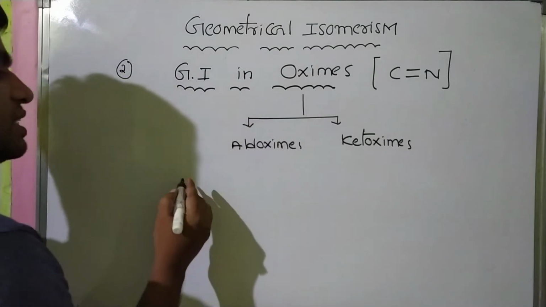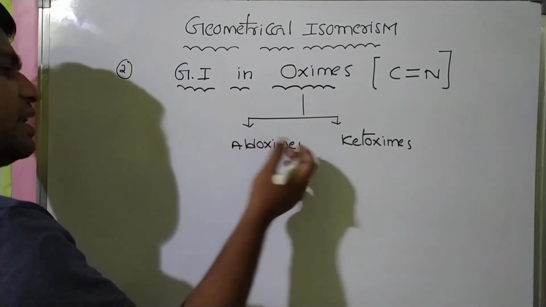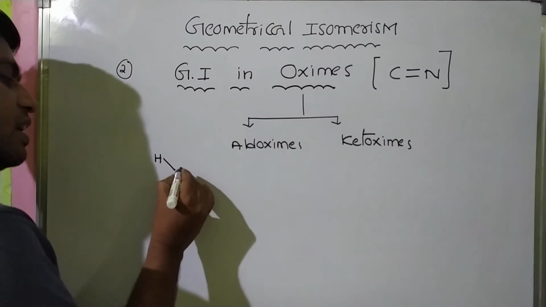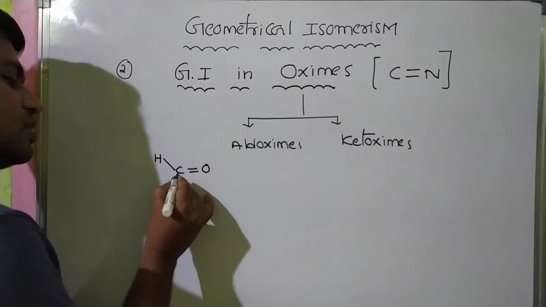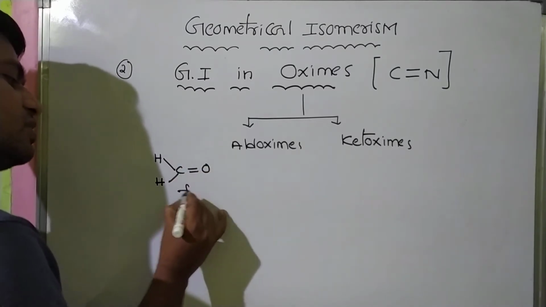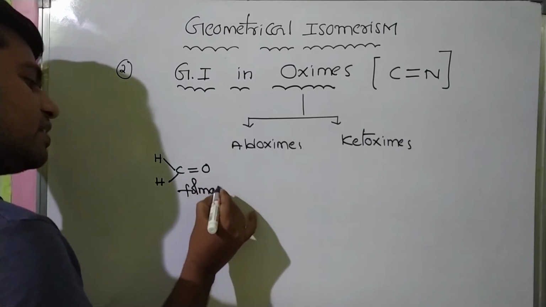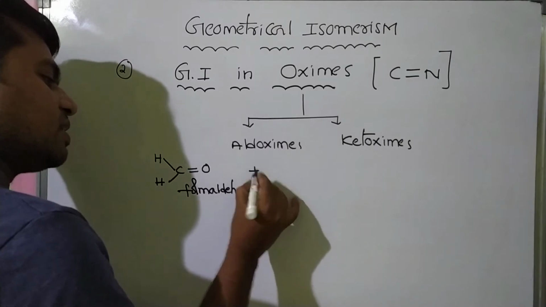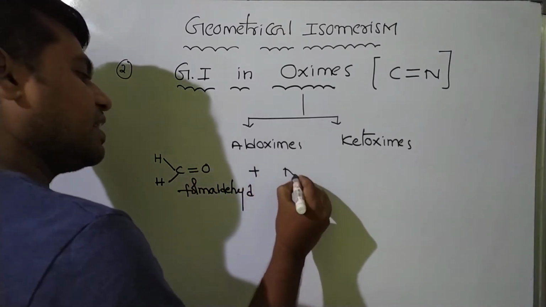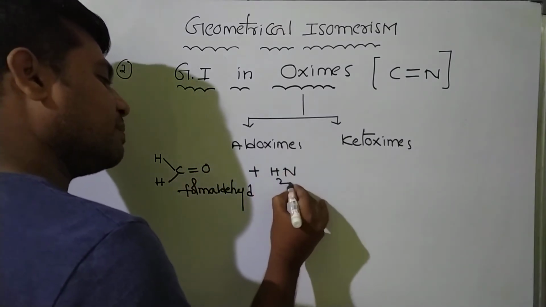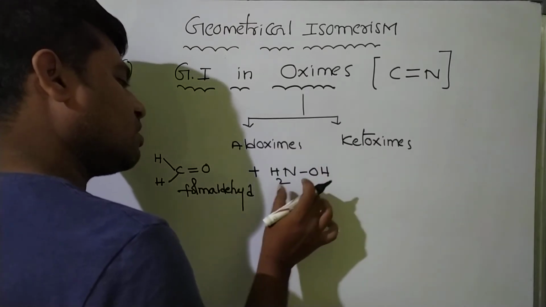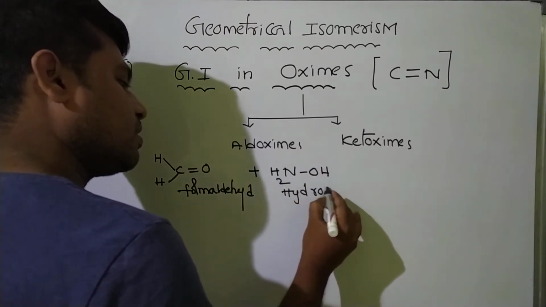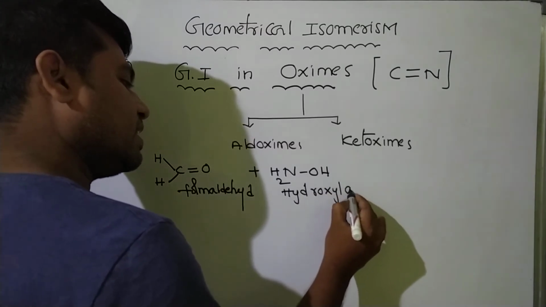Now one example, you take any aldehyde. Now I will take one aldehyde, its name is formaldehyde. What is this? Formaldehyde. When this formaldehyde reacts with hydroxylamine, so this is called hydroxylamine.